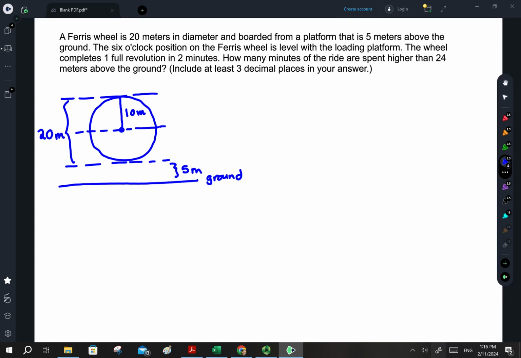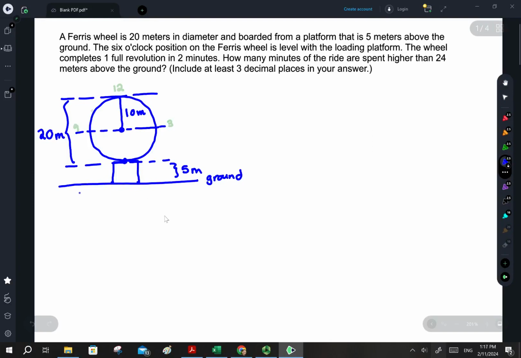Because when they talk about the 6 o'clock position on the wheel, they're referring to the face of the clock, where the top would be 12, the sides would be 3 and 9, and the bottom would be 6 o'clock. So saying that the 6 o'clock position of the Ferris wheel is level with the loading platform is the same as saying that the bottom of the wheel is at the loading platform, which is then 5 meters above the ground.